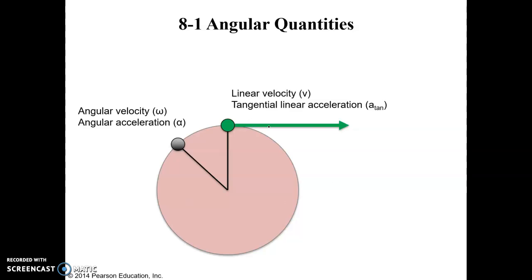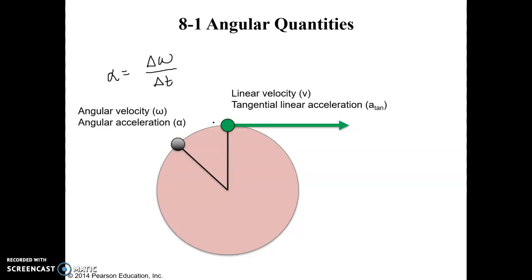In addition to the linear velocity of the rotating object, we can also look at what we call tangential linear acceleration. So if the rotational velocity were to change, if we had some delta omega, a change in velocity over a change in time, that would result in alpha, an angular acceleration.